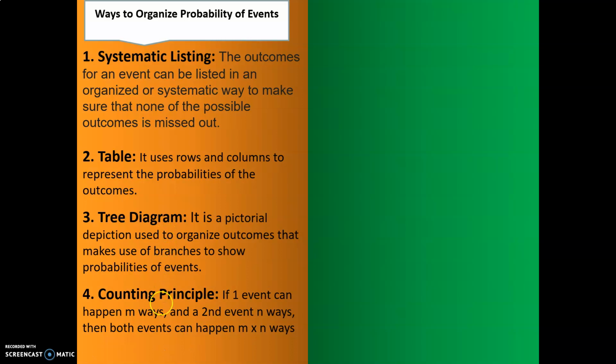Now, this is where the basic counting principle comes in, the number 4. It states that if one event can happen m ways and the second event n ways, then both events can happen m times n ways. In simpler terms, the total number of possible outcomes is found by multiplying the number of choices for each stage of the event.